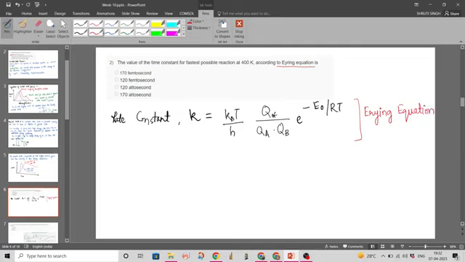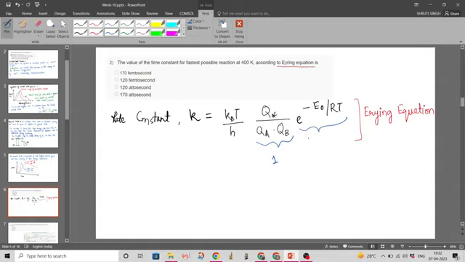Okay, now for getting the highest possible reaction rate, the rate constant k should be the highest. These terms should go to 1. So this is a fraction, and the maximum value for a fraction is 1, and this is a negative exponential.